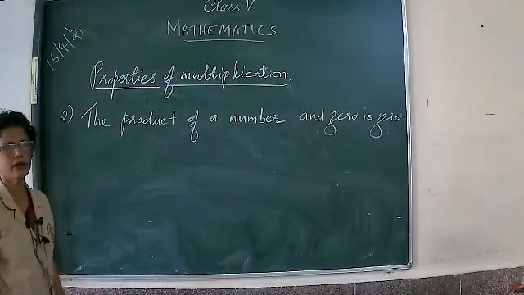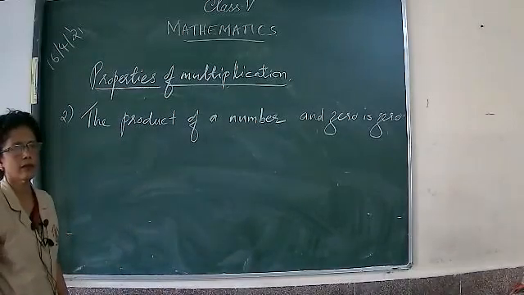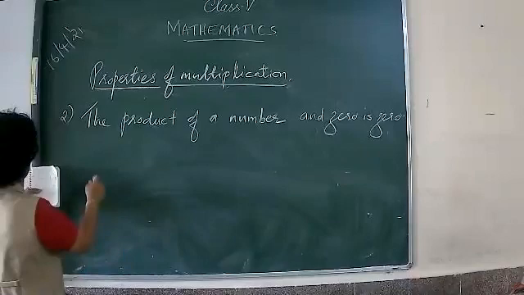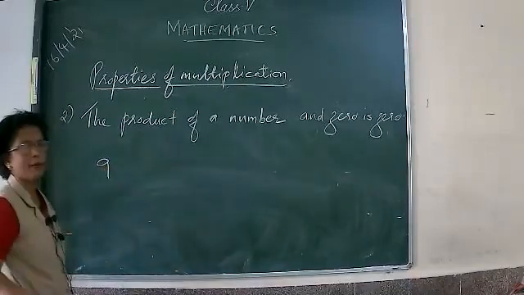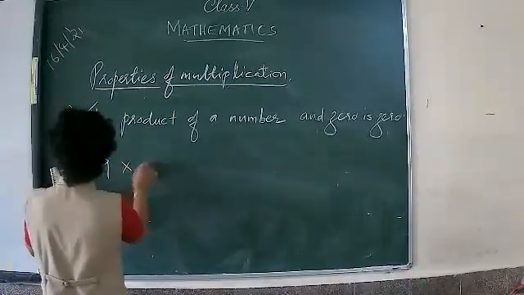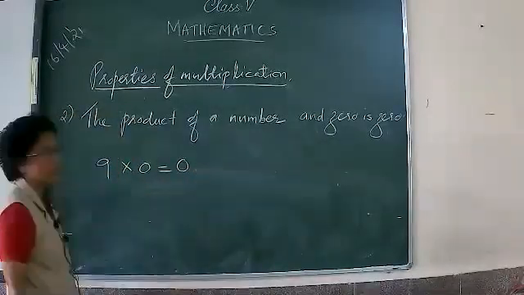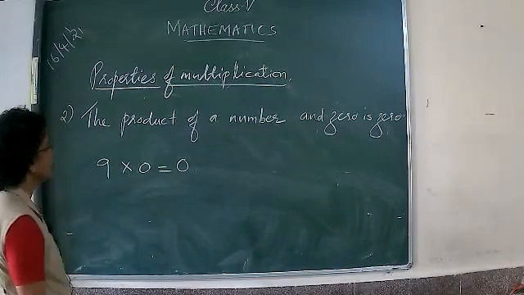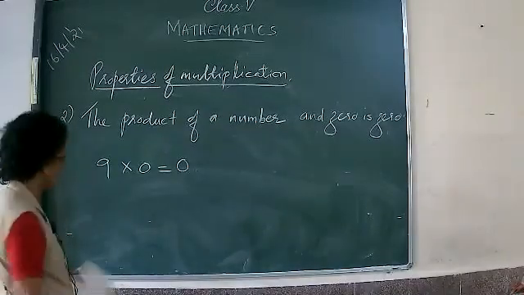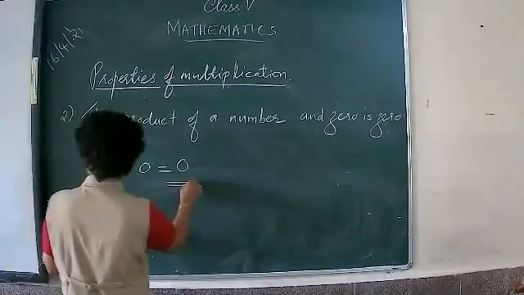What is the meaning of that? When you multiply, suppose you are taking a number 9. 9 into 0. What is the answer? 0 itself. Understood, children? Any number you multiply by 0, the answer is 0 there.